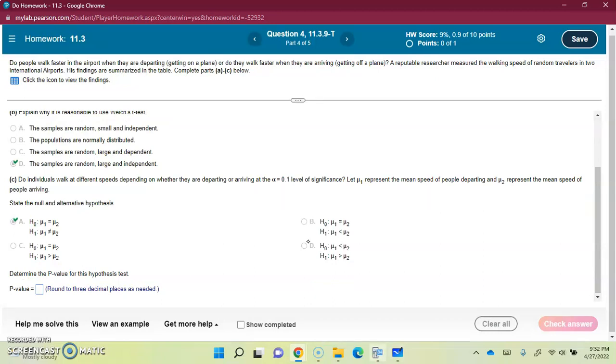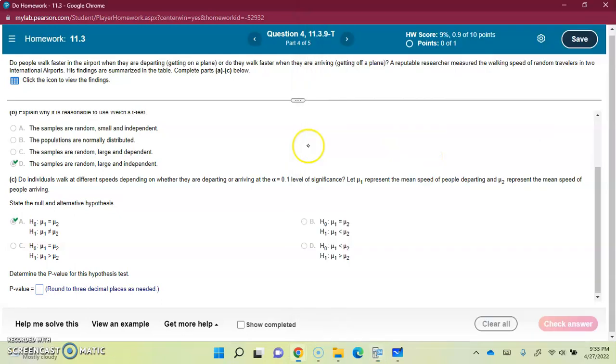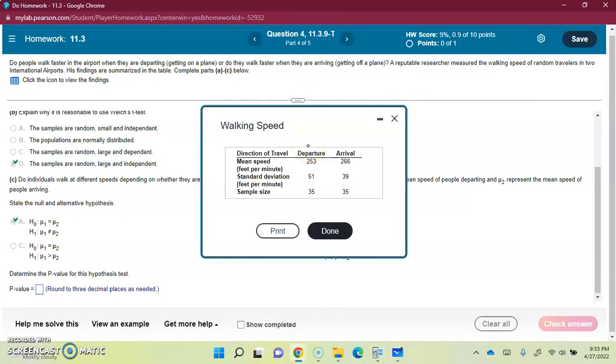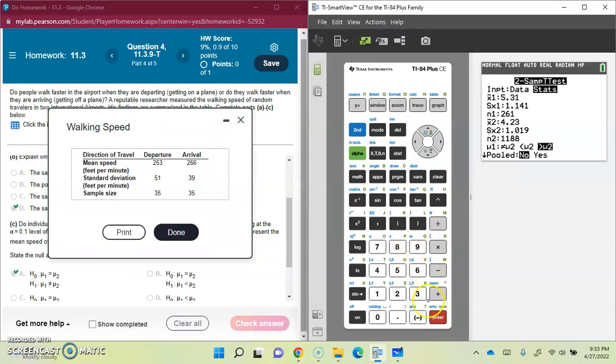P-value for the hypothesis test. Okay, so let's run the t-test. Stat, go to two samples because we have two samples here, right? So two samples, they are independent, they are large. Enter the information. X1 bar is 253 feet per minute.